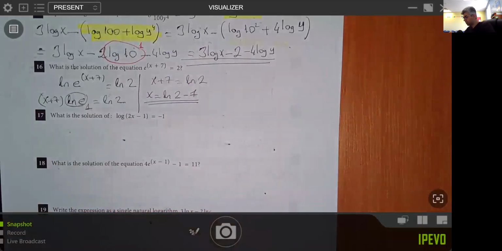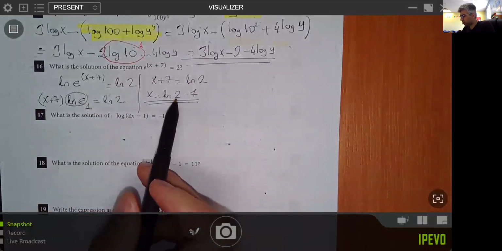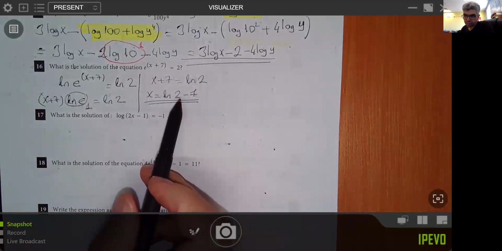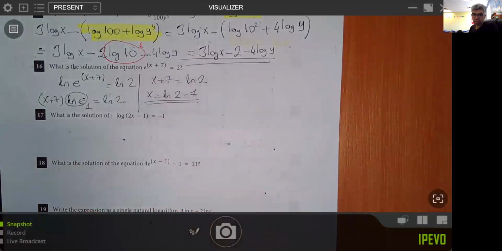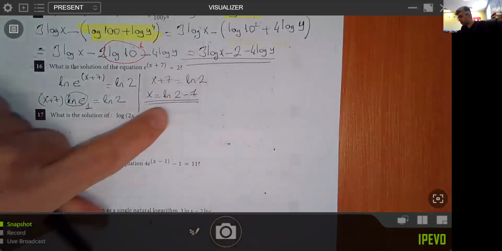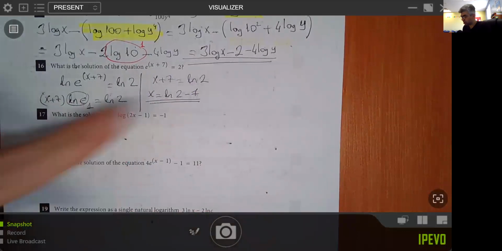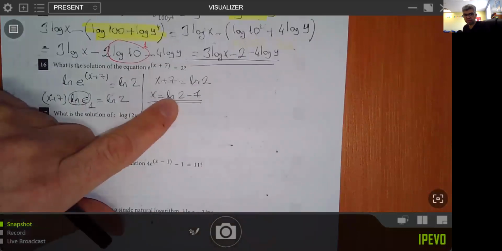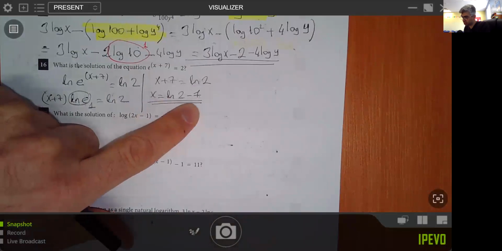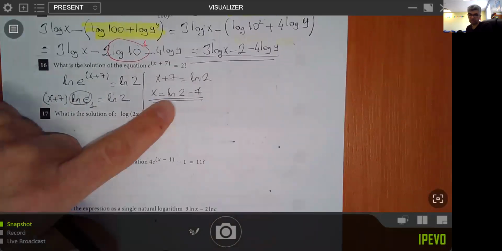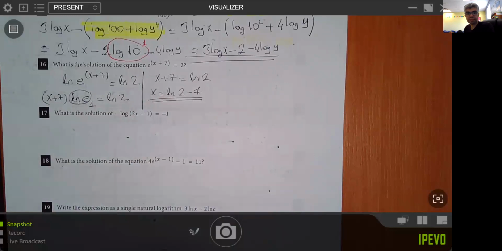Well, it may stay like this, or you can use the calculator. You find the ln 2 value. It's up to the answer choices. If you have numbers in the answer choices, you have to find the value of ln 2 and complete the subtraction. If you have this one, that will be the answer, of course.